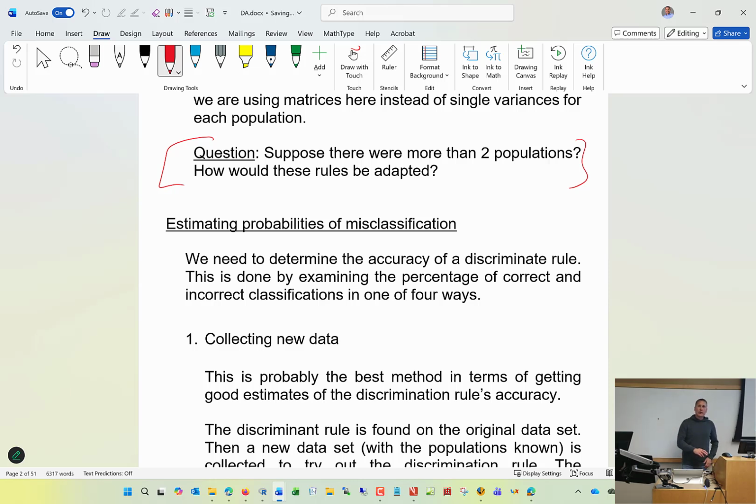So right now we're just focusing on 2 populations, but eventually we'll get to a case where we have 3 or more populations or groups. So how would you adapt these rules? Probably the easiest way to think about it is, well, let's talk about the Mahalanobis distance rule. What do you think you would do? Suppose you have 3 populations.